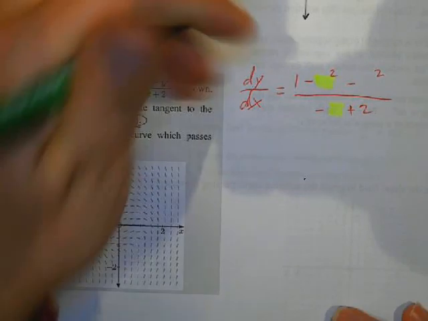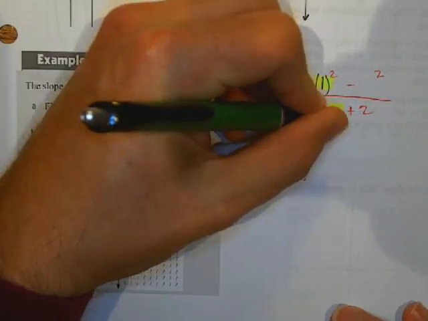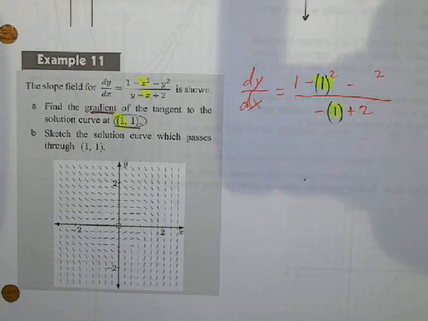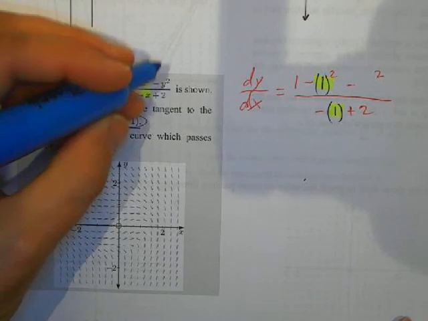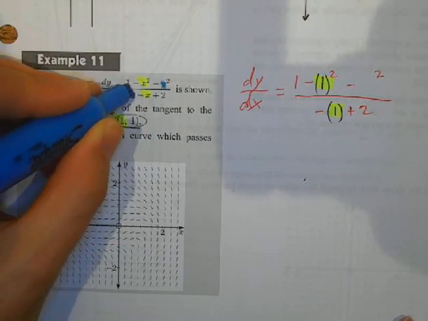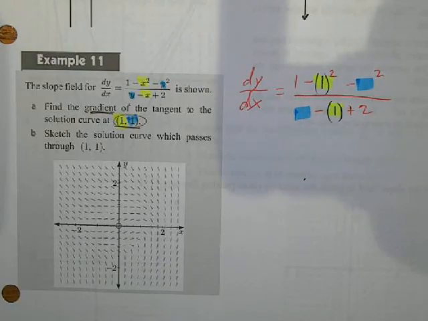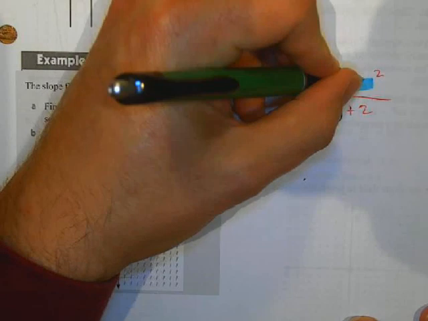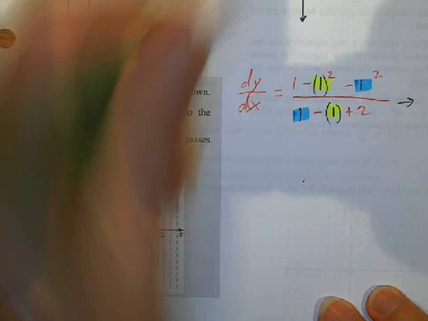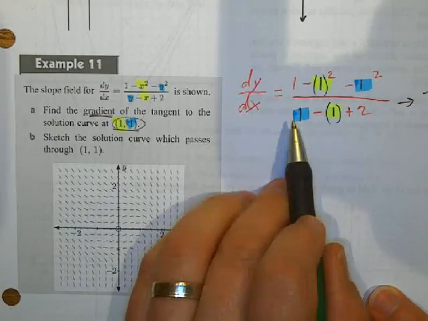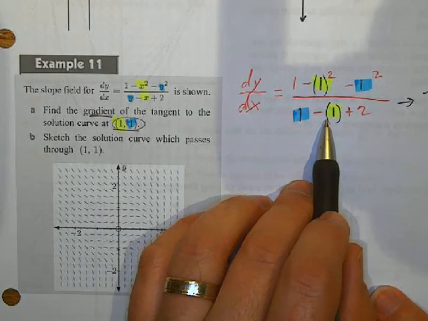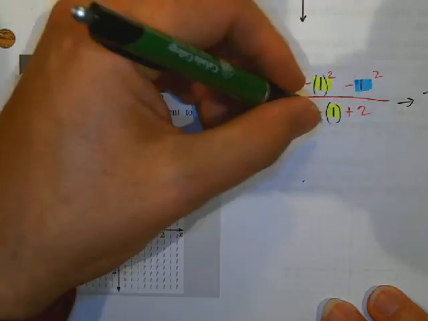And I'm going to replace the y with 1. Replace that and that with 1. And then if I simplify this, 1 minus 1 minus 1 is going to give me negative 1. 1 minus 1 gives me 0, and then 0 plus 2.